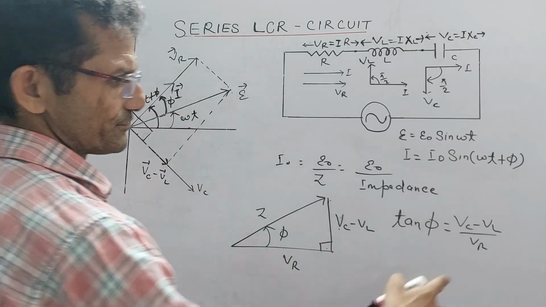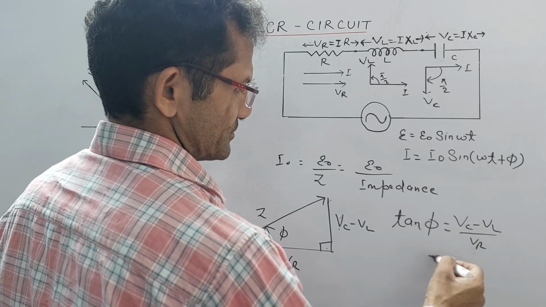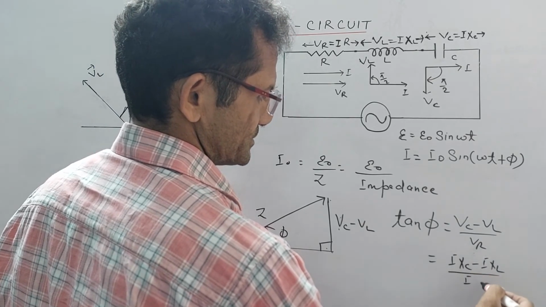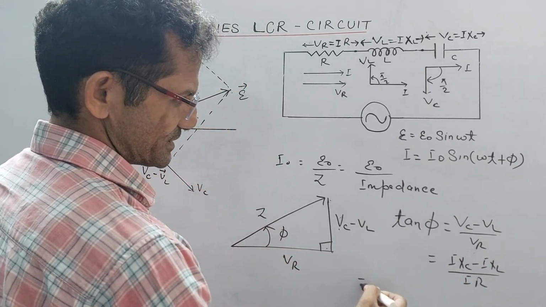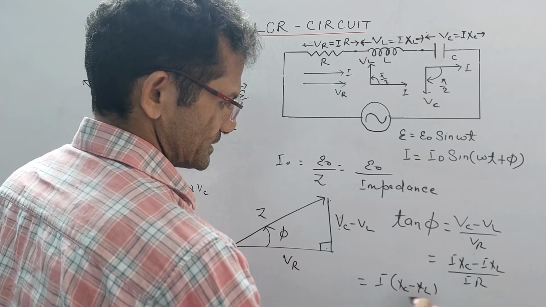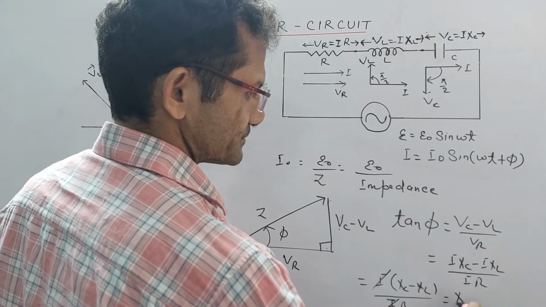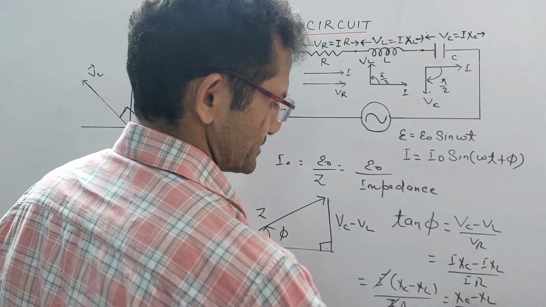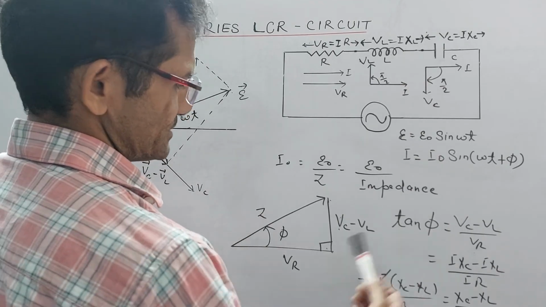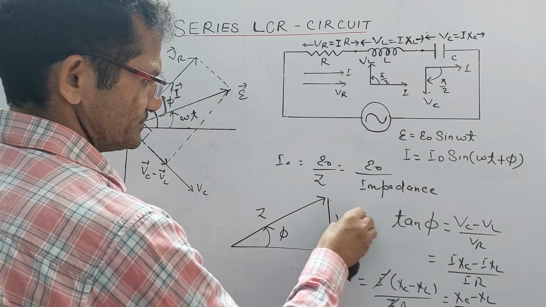If I put the values of VC, VL and VR, it will be I XC minus I XL divided by I into R. After taking I common from here, it becomes I times XC minus XL divided by I into R. After cancelling I, the value becomes XC minus XL divided by R. So from this impedance triangle, we will be able to find out tan phi.